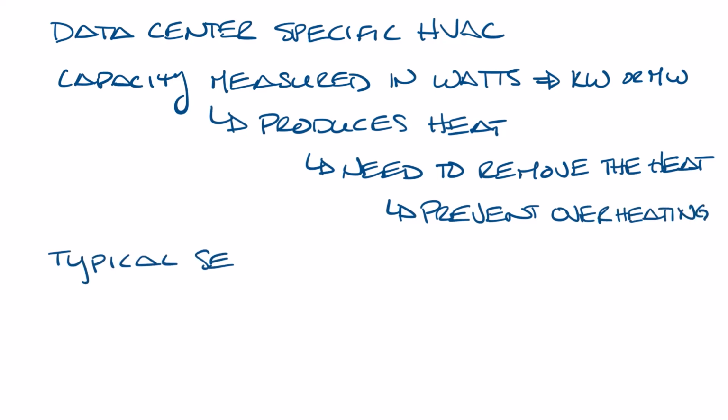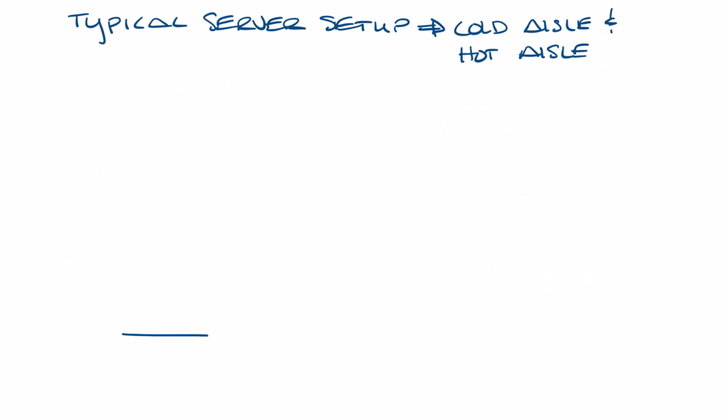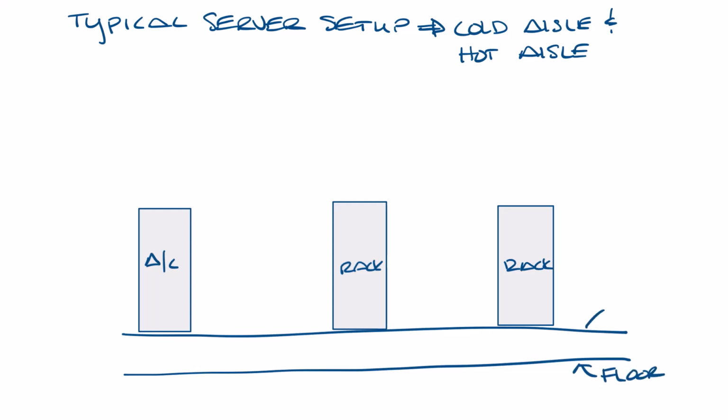A typical server setup will have a cold aisle and a hot aisle. So let's make a little bit of room here and look at that. It basically looks like this, where this is the AC unit that I'll talk about in a minute, and these are server racks. They're sitting on raised floor tiles above the slab floor. The AC unit supplies cold air to the plenum between the floor and the raised floor tiles.